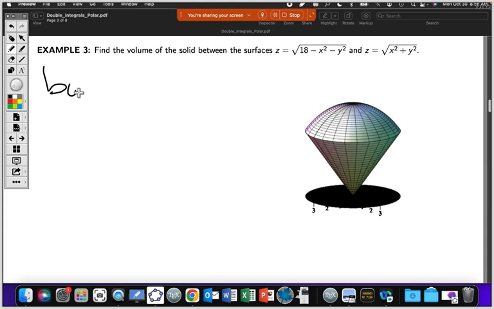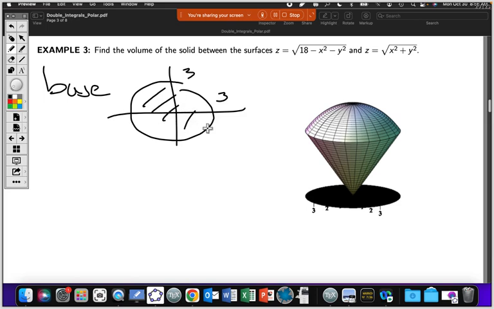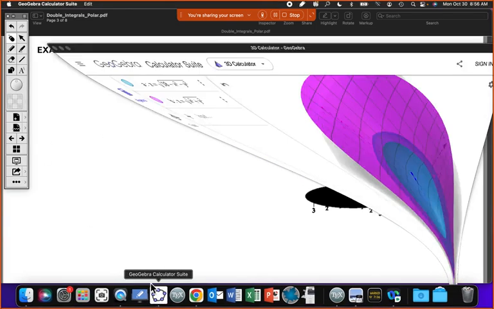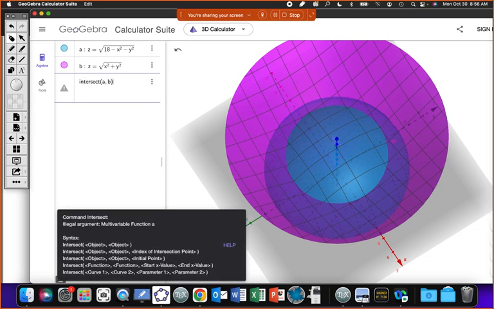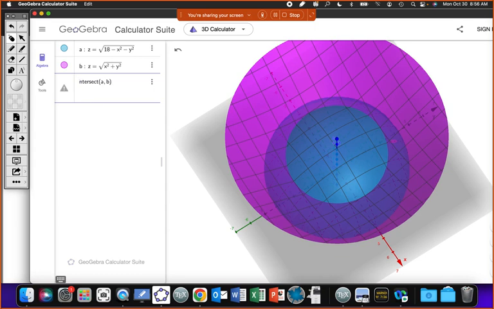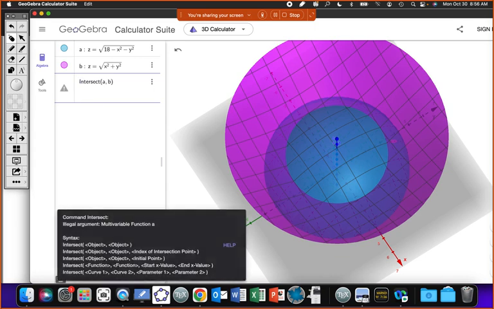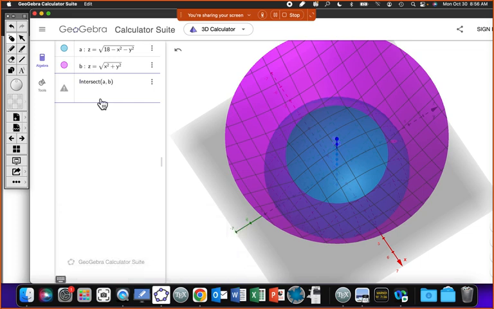Our base intersect. Well, let's try. See, now it's frozen. Oh, there we go. Yeah, I'll have to look at that.